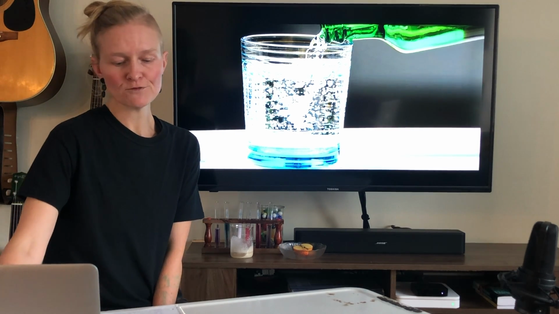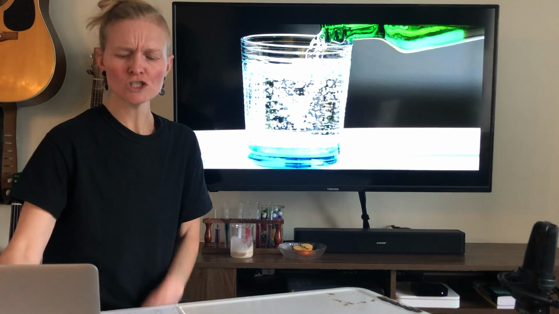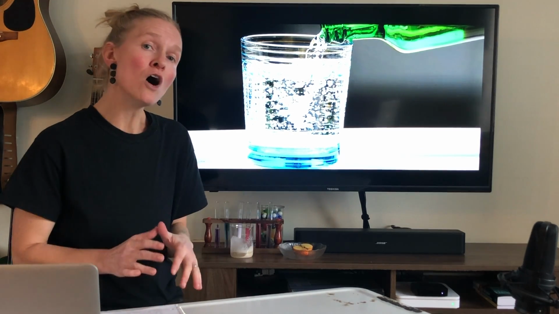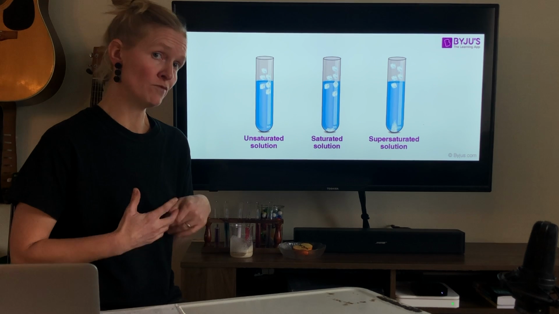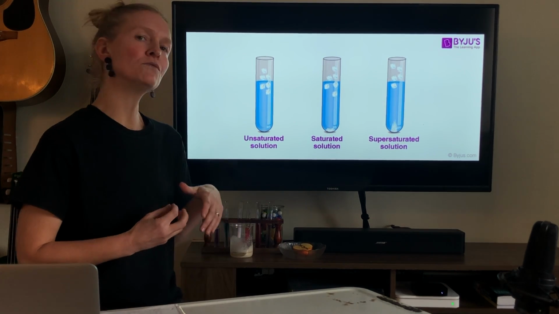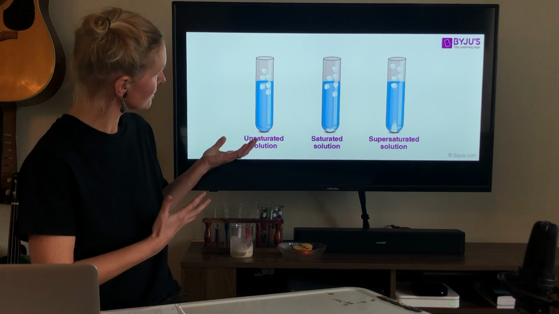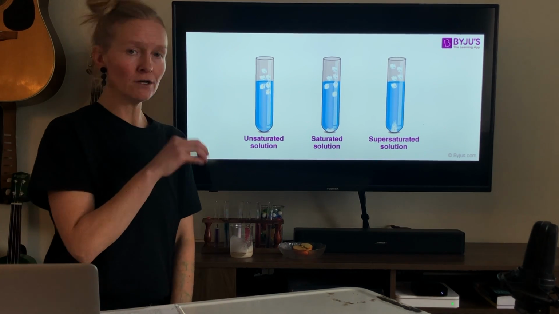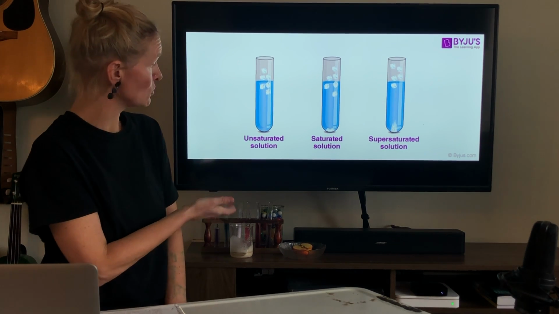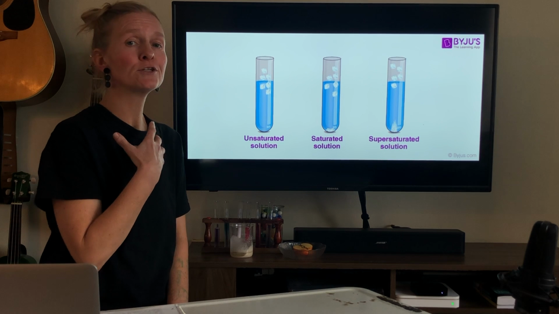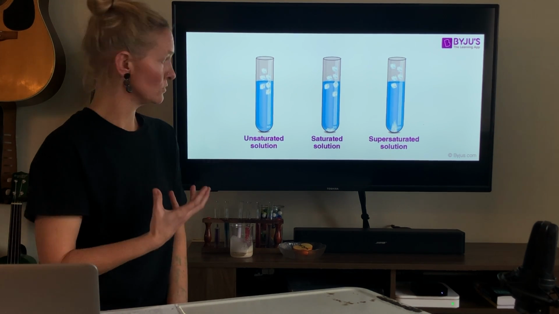Solutions can be described physically in terms of how much solute is dissolved in the solvent. So here you have a slide where we have 3 different kinds of solutions. The first solution is an unsaturated solution, or a dilute solution. So you would have your solvent, like water, and you would maybe add just a very little bit of salt or sugar into the solvent, the water, and it would produce a very dilute solution.